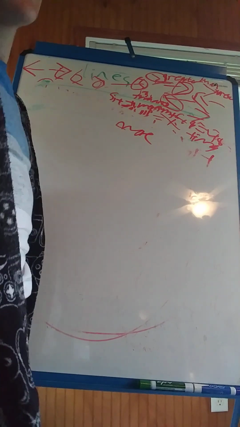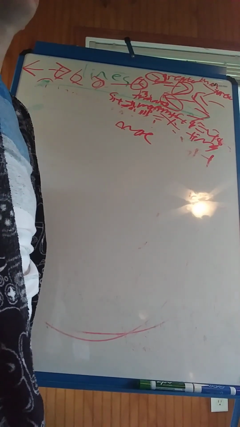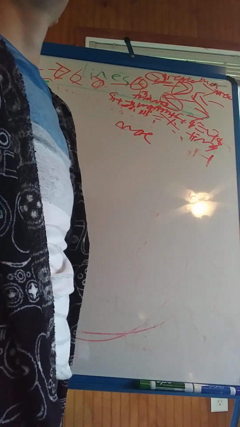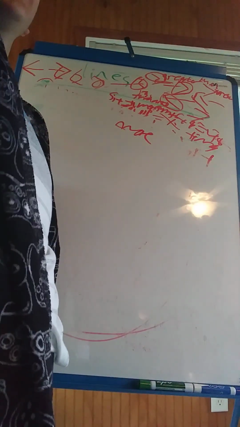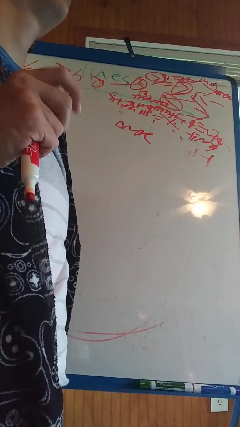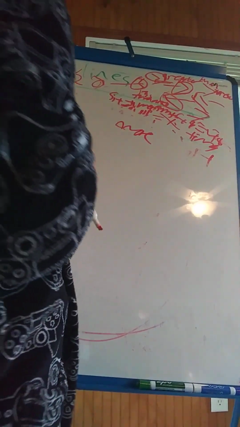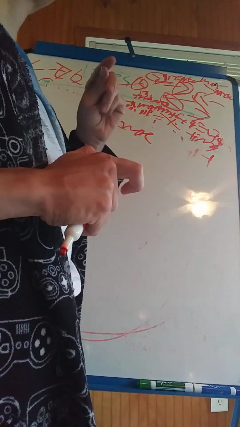So anyone have an idea for this one of what we could do? Exactly. So we would be dividing. Again, the middle number.